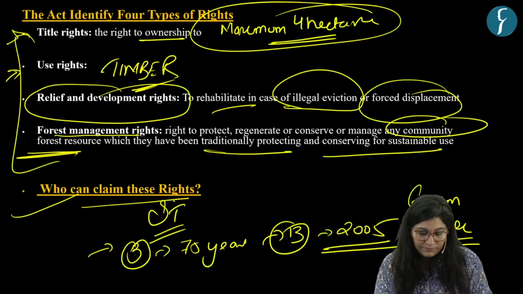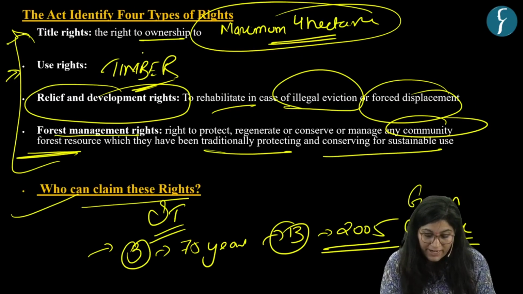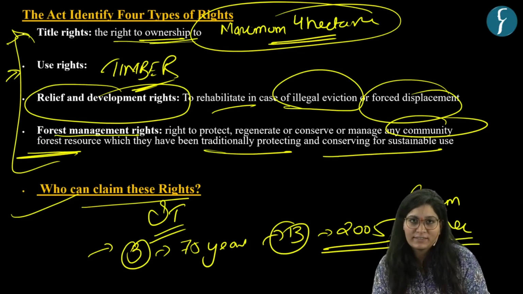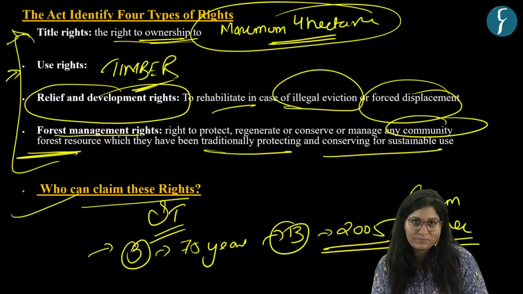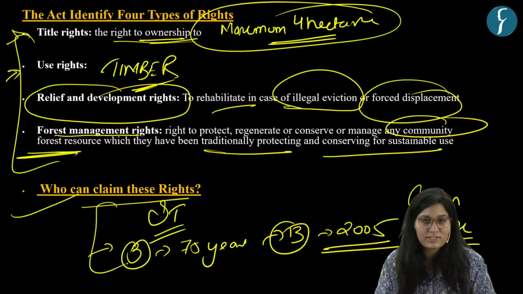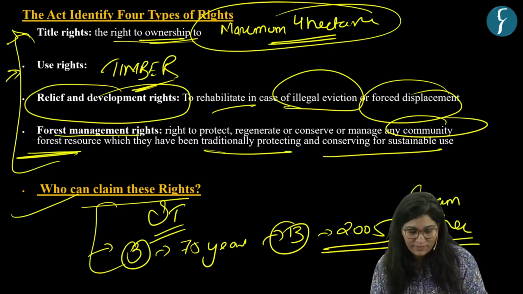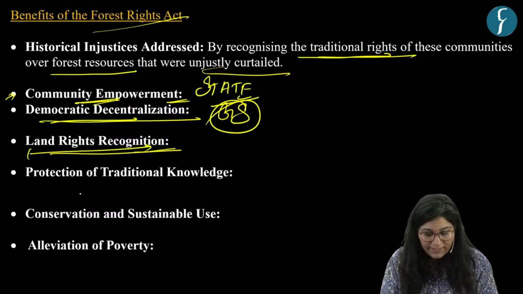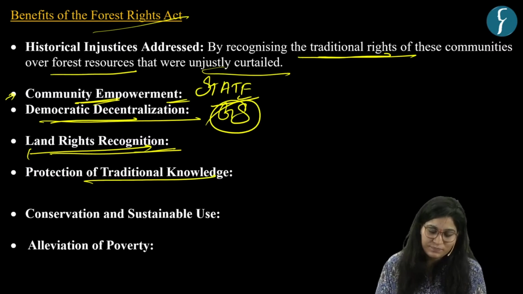See here, right to ownership means that even if they don't have a legal document, they can still live on that parcel of land. And I told you who can claim these rights, but they don't need a legal document after this act. So land recognition, then definitely it will lead to the protection of indigenous traditional knowledge.